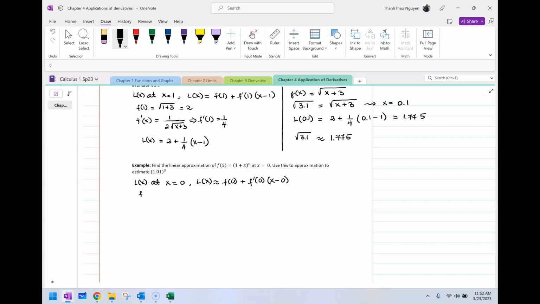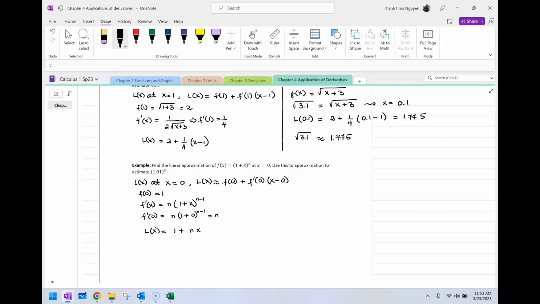F of 0 equals 1. F prime of x is equal to n times 1 plus x to the n minus 1. F prime of 0 equals n times 1 plus 0 to the n minus 1, which equals n. So then L of x is equal to 1 plus n times x.